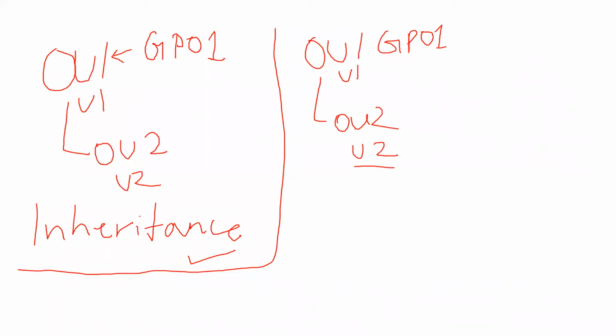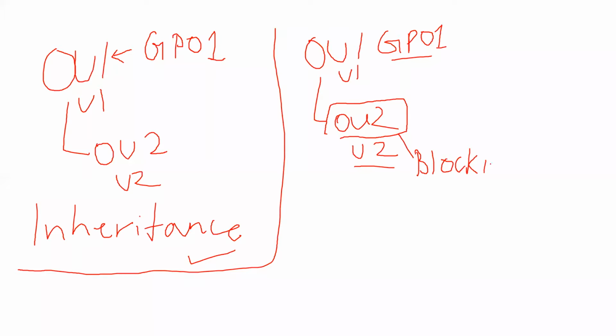If I tell them to redesign it, they say, no, there's something else we kept in mind when we designed it. And maybe they are using it because of some departments, but I know that this policy should not be applied to anybody under OU2. In this situation, guys, what you need to do is you select OU2 and you do what we call blocking.